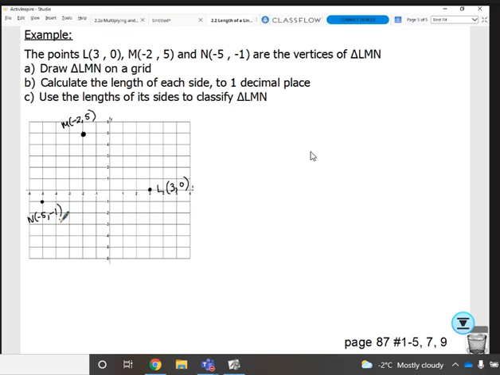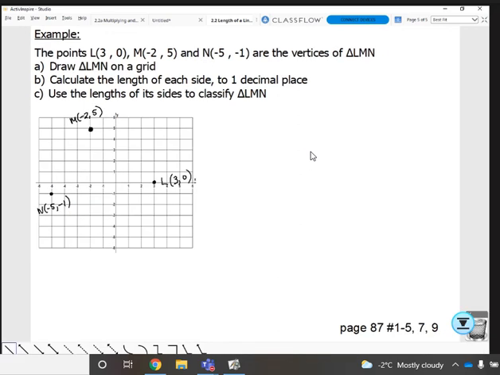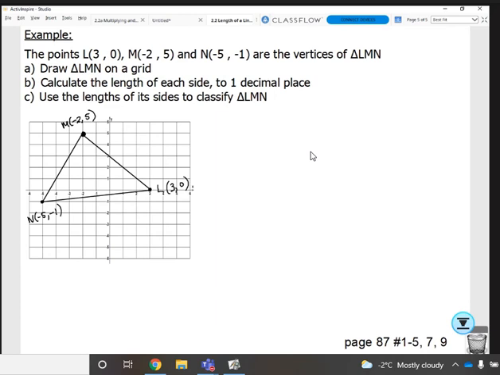I think I'm going to pull out a ruler, or I can just use this thing here, and draw in the vertices, or draw in the lines best we can. So take a moment to draw that.